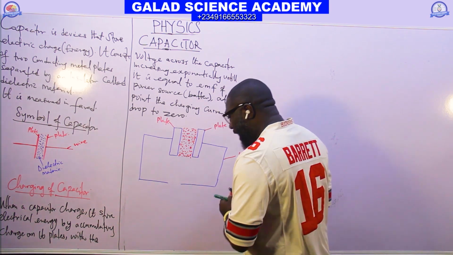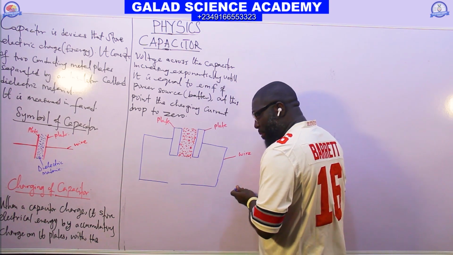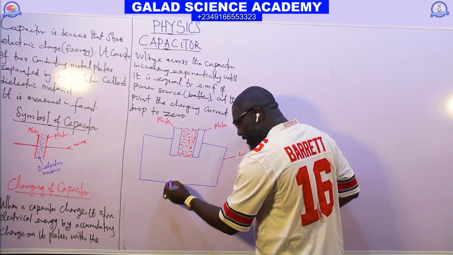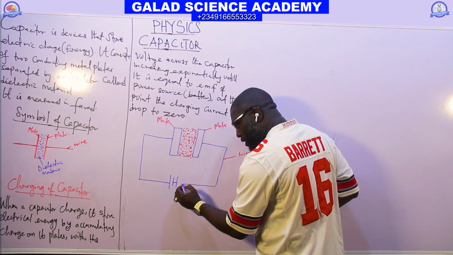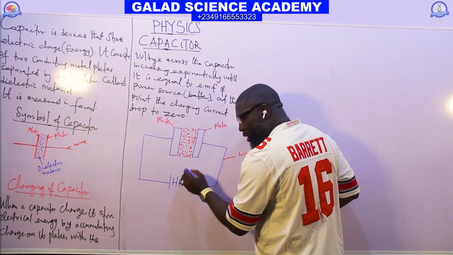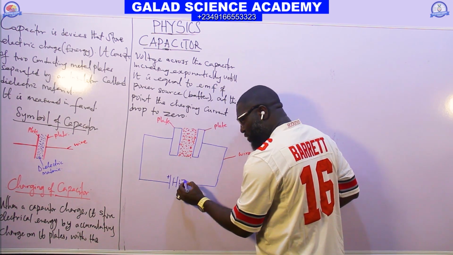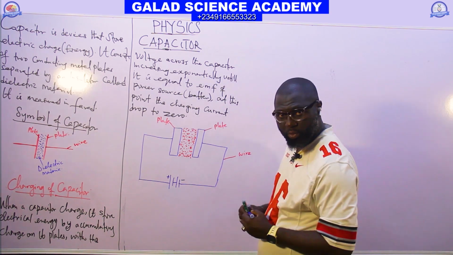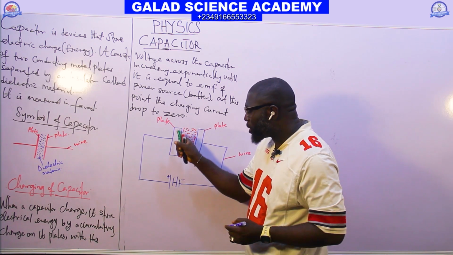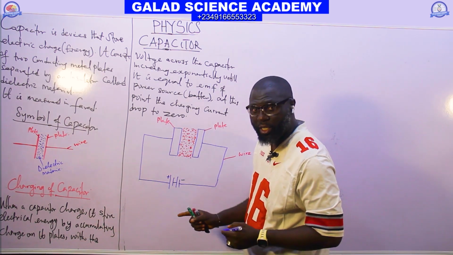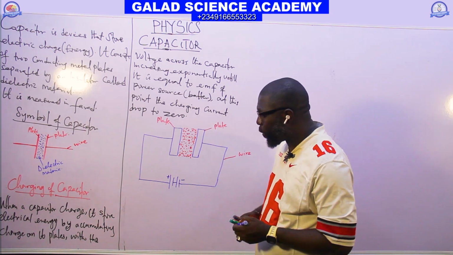So if I now connect a battery to this circuit, this is the positive end of the battery and this is the negative end of the battery. But I said in this plate we have both positive charge and negative charge, and the amount of charge we have there is equal.